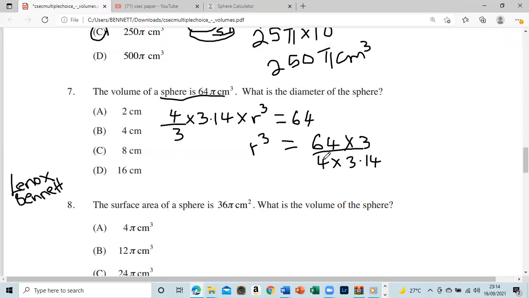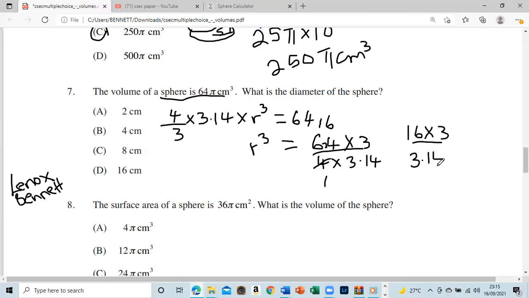How many times does it go? 16. So up at the top, I'm going to cross out the 4. So it's going to be 16 times 3, divided by 3.14.